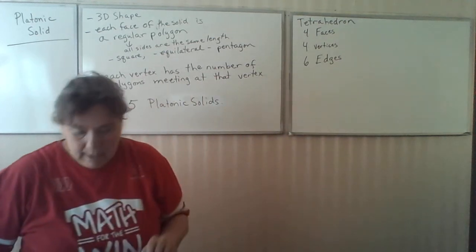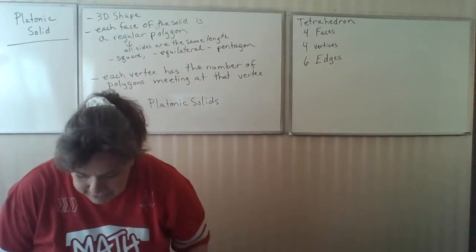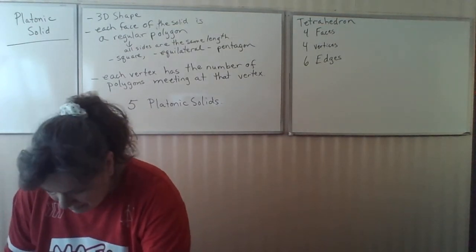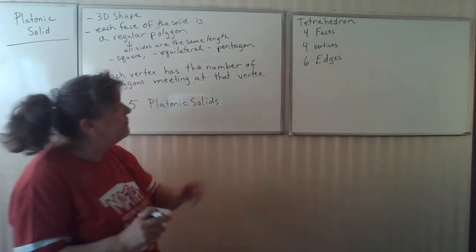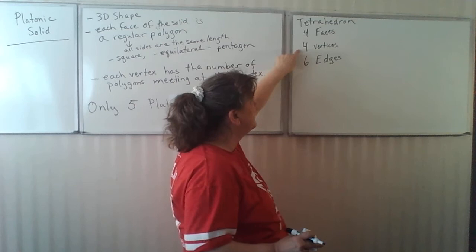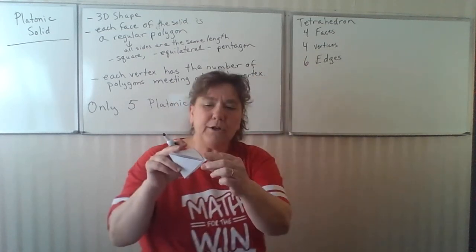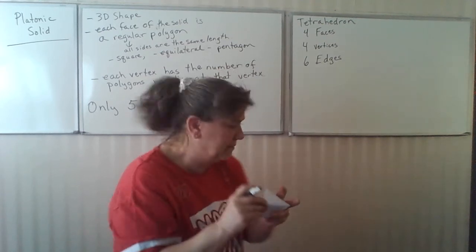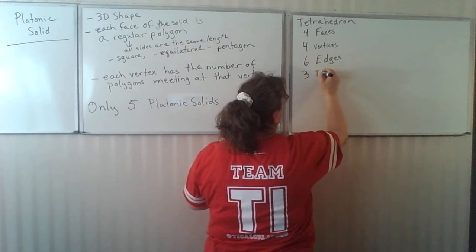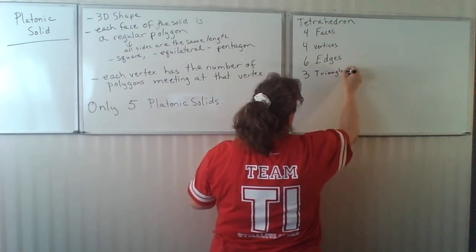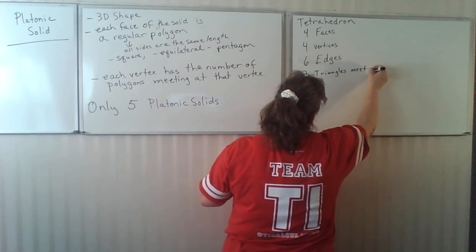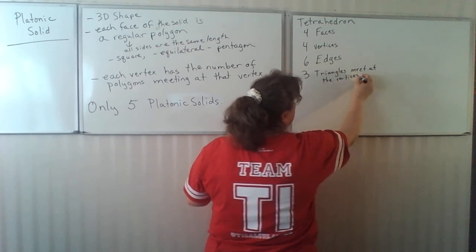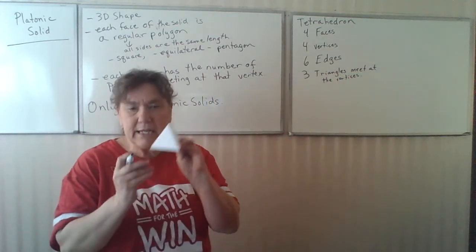A tetrahedron, as you can see, is made up of 4 faces, 4 vertices, 6 edges, and 3 triangles meet at every single vertex. And every one of them has exactly the same. So this is a tetrahedron.